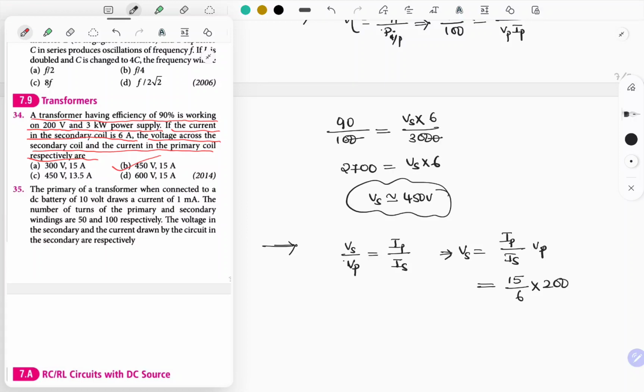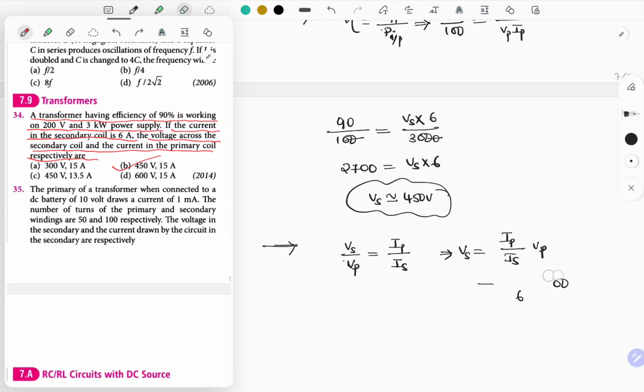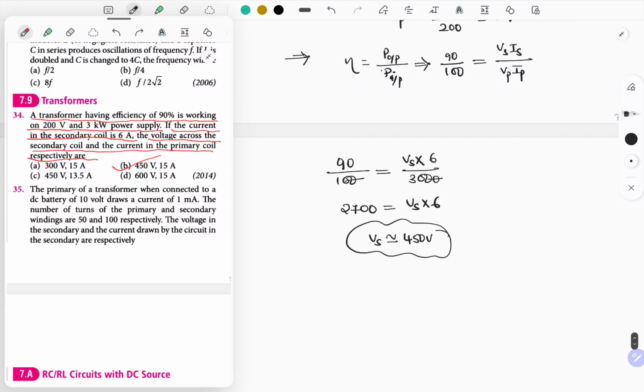So this method is wrong. There is some mistake. Oh, okay. Here its efficiency is 90%, right? So this formula is not suitable here. When efficiency is 100%, you can use this method. As efficiency is 90%, you cannot use this.